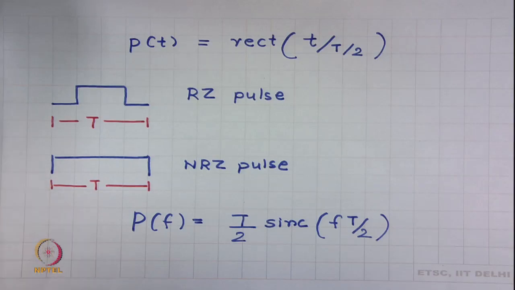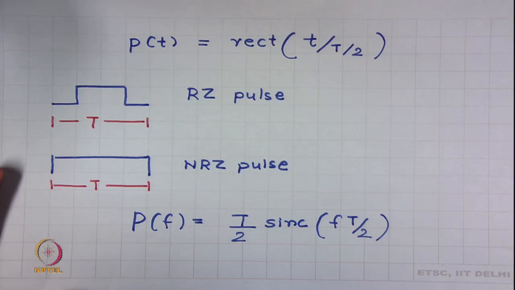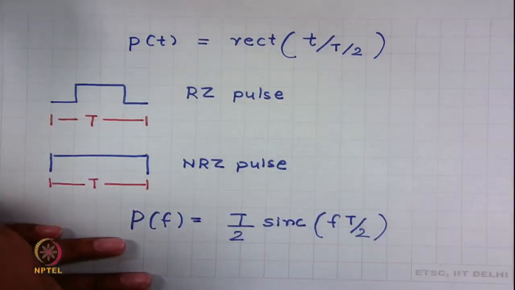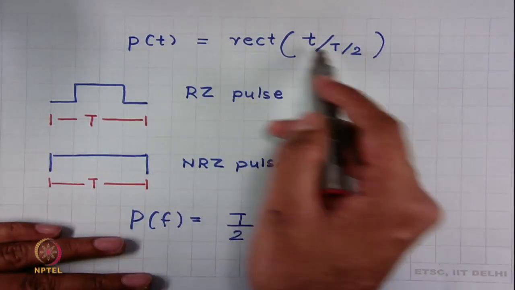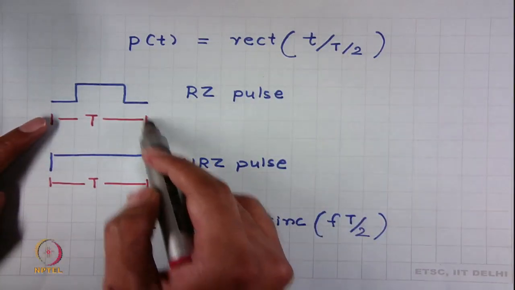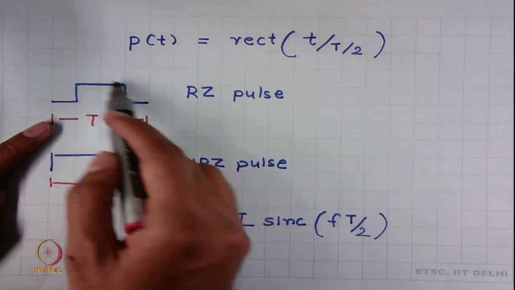Now, let me assume a pulse shape P t, and the pulse shape that we are choosing is rect of t divided by T by 2. Okay. So, if you see this, what we are doing is we are saying that if I assume that this bit duration is T, my pulse duration is only T by 2.